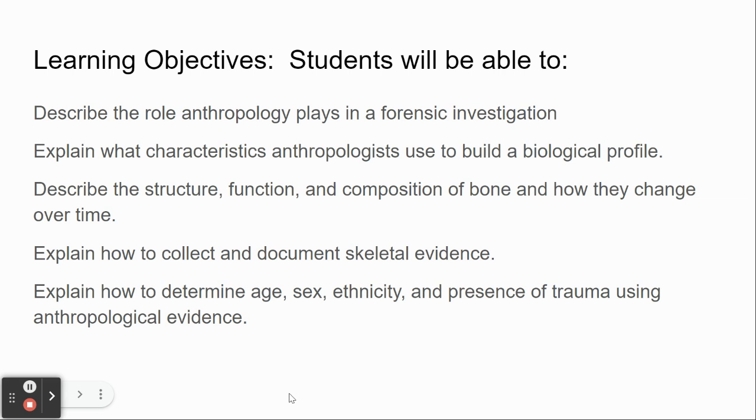So some of the things that hopefully you should be able to do at the conclusion of this section: understand what role anthropology plays in a forensic investigation. Now, unlike some of the more recent topics that we've looked at, some of the anthropological evidence could be enough to be a standalone part in a criminal case.